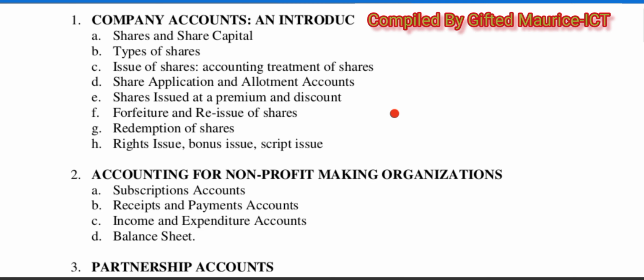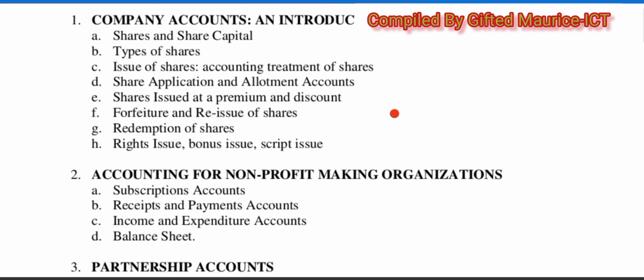That will give you 10,000. So that means your share capital then becomes 10,000 shillings. So that 10,000 shillings arises from owning 100 units of shares whose value is 100 shillings each.